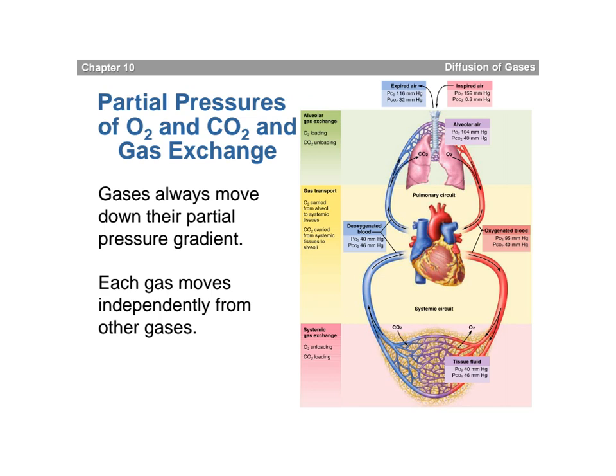There are two general rules to keep in mind. Gases always move down their partial pressure gradient, and each gas moves independently of the other gases. Let's take the example of oxygen. As blood goes through the pulmonary artery to the lungs, it has a partial pressure of oxygen, or PO2, of 40 millimeters of mercury.